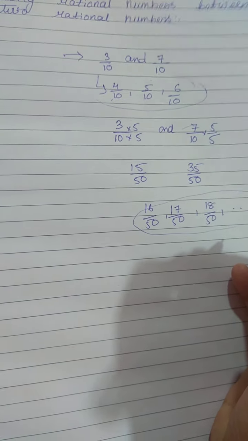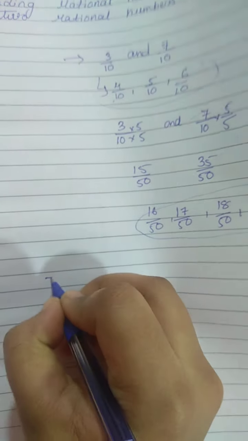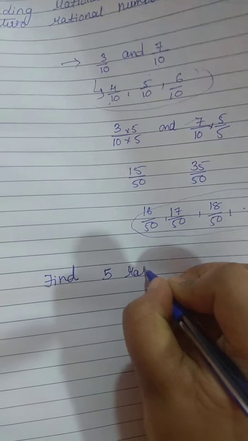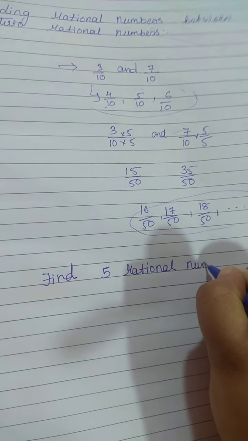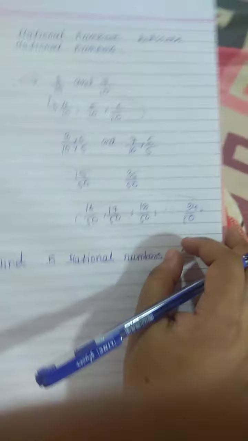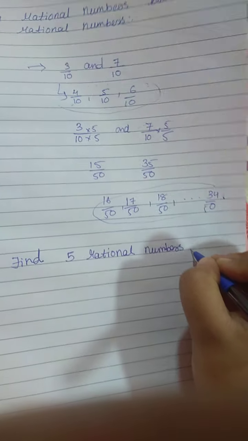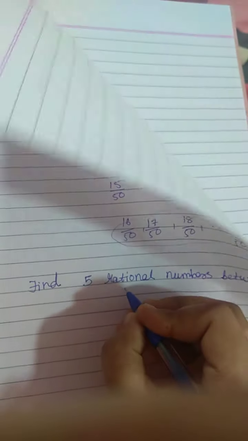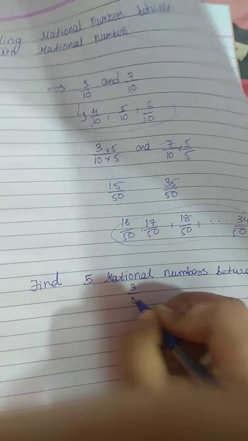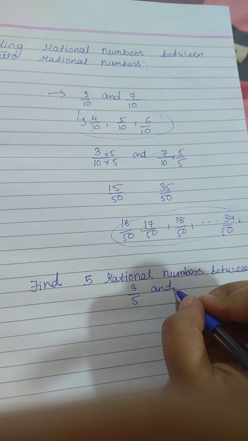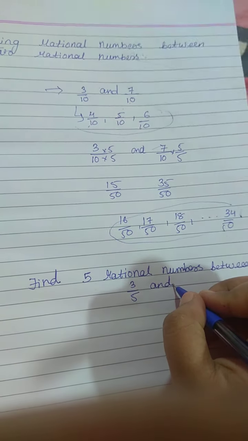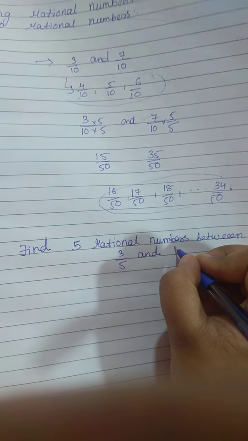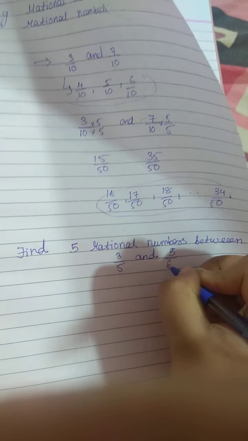So if we take an example: find 5 rational numbers between 3 upon 5 and 5 upon 6.